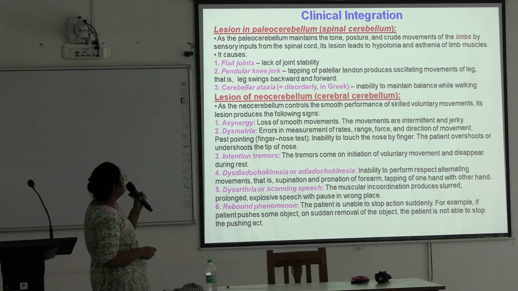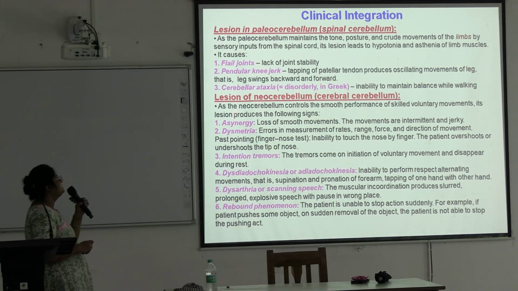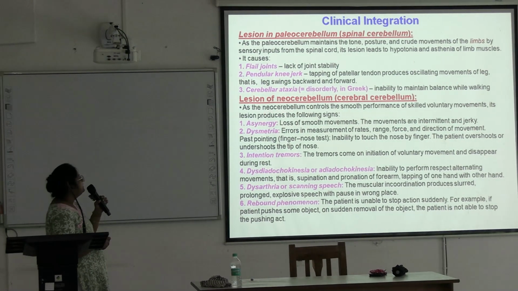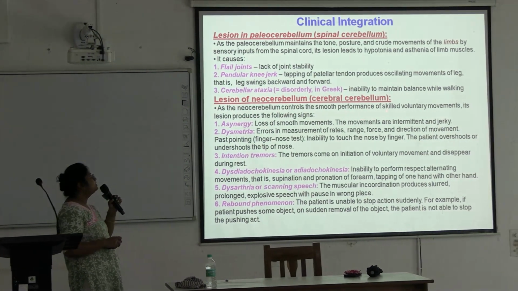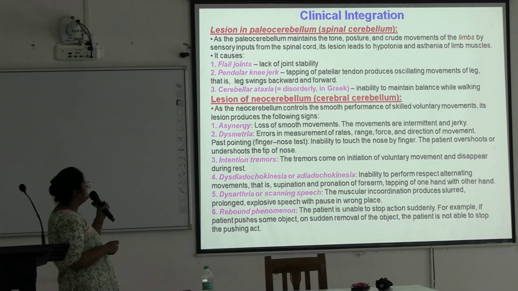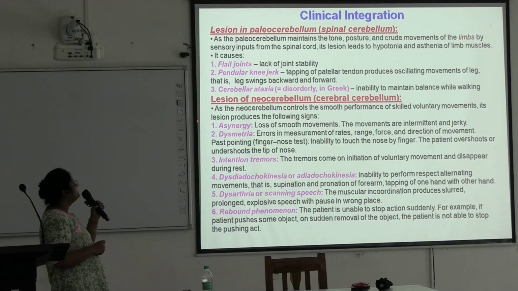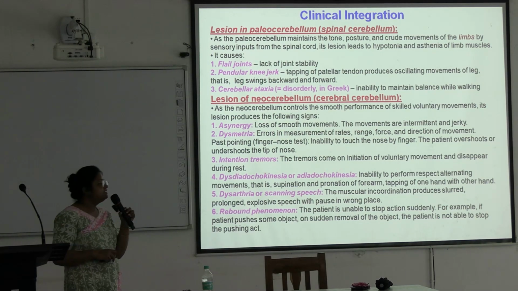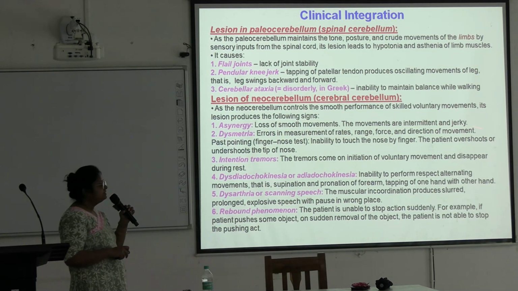Next, we are going to lesions of the neocerebellum, that is the cerebral cerebellum. As the neocerebellum controls the smooth performance of skilled voluntary movement, its lesion will produce this. First is asynergy, loss of smooth movements. Movements are intermittent and jerky.